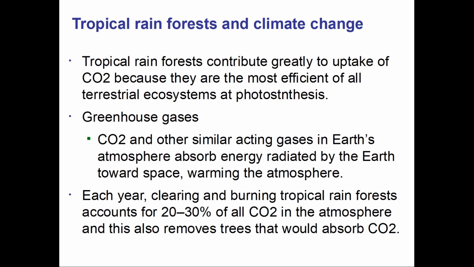One problem we're having right now is that each year the clearing and burning of tropical rainforests accounts for 20 to 30% of all CO2 in the atmosphere. So not only are we cutting down these trees and burning them, releasing CO2, but when we cut them down, we're also removing these carbon sinks.